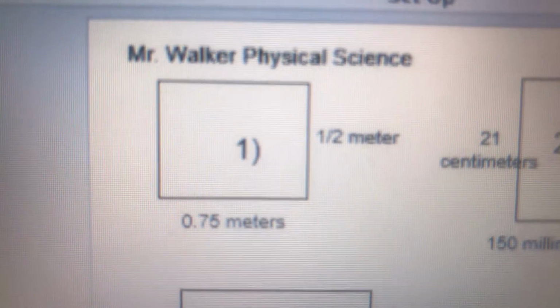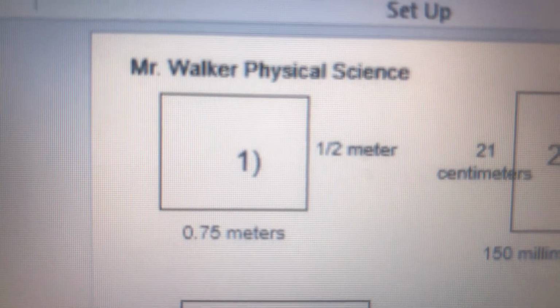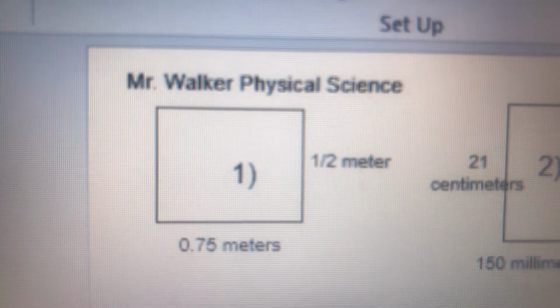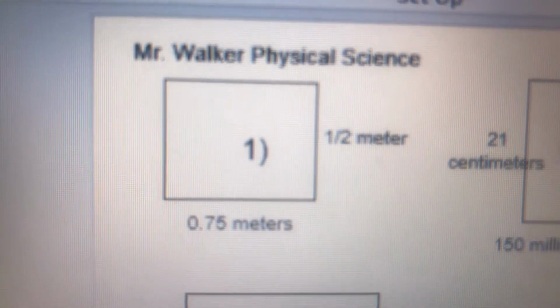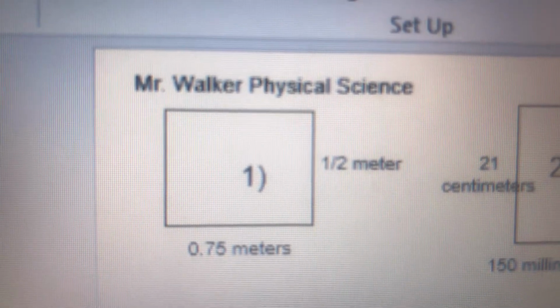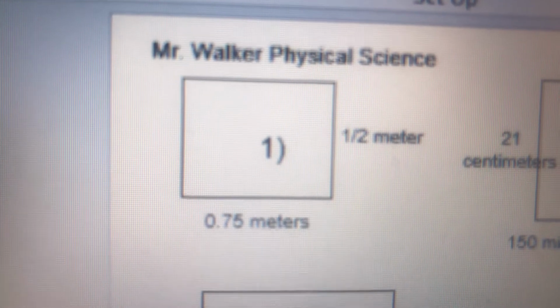First I have to write down the formula. The formula in this case is area equals length times width. But these are in meters, so I want to convert them to centimeters.